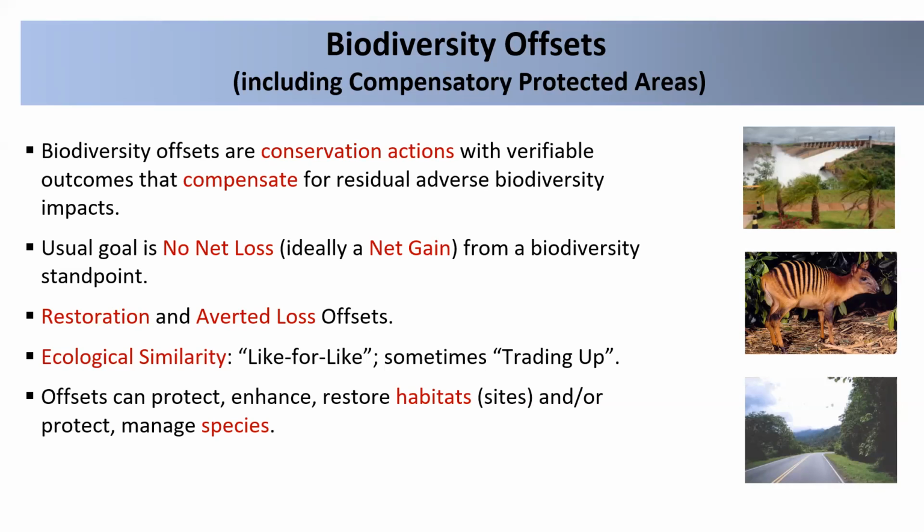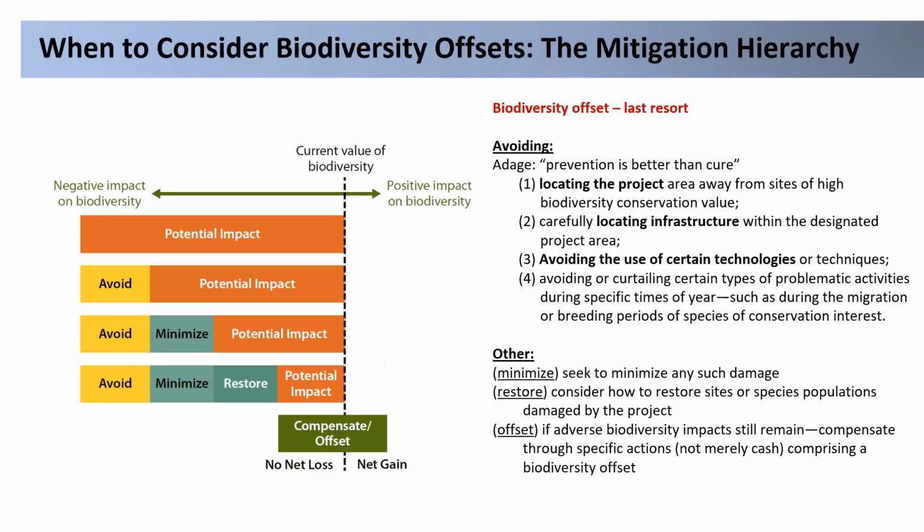Like for like is when we do an in-kind offset, and trading up is when we do preservation of some other higher biodiversity value area outside of the project scope, but still of higher biological importance. So when we consider biodiversity offset, we always talk about the mitigation hierarchy, and you have heard about this: avoid, minimize, mitigate or restore, and offset.